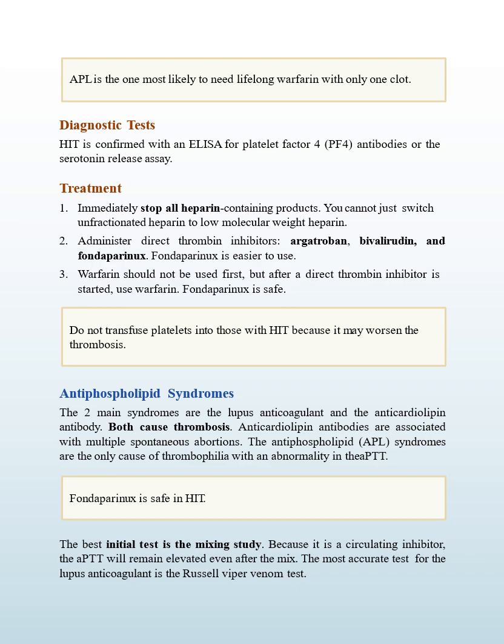Number 2, we need to administer direct thrombin inhibitors such as argatroban, bivalirudin, and fondaparinux. The last one is very easy to use. And number 3, warfarin should not be used first, but after direct thrombin inhibitor is started.